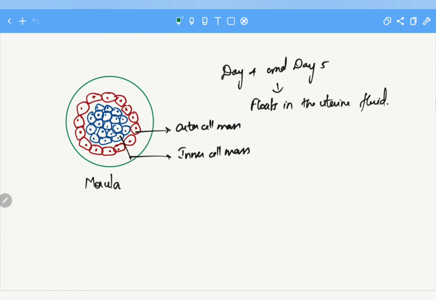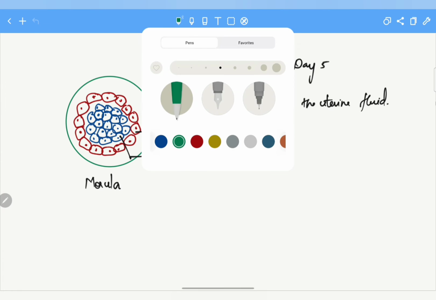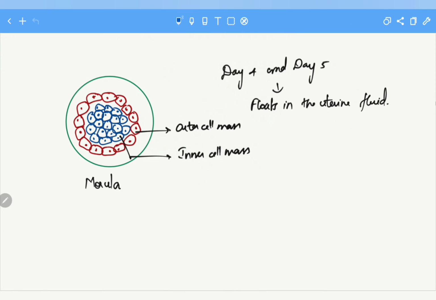So after this, what happens? The fluid within the uterine cavity starts entering through the Zona Pellucida into the cell masses. So the fluid from the uterine cavity enters the cavity in between the cell masses. The Zona Pellucida starts disintegrating.